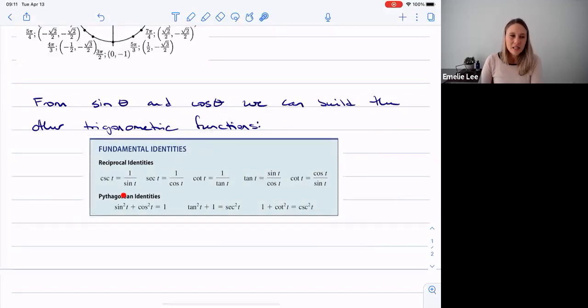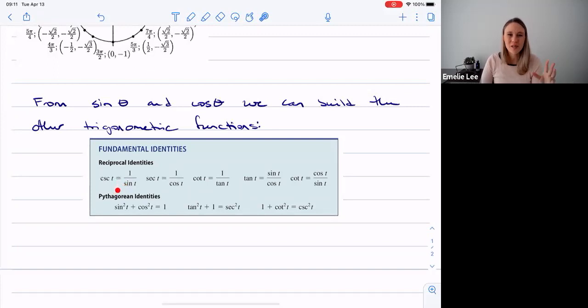We've got t's in here, right, instead of thetas, but that's okay. You can kind of read them interchangeably. T is used to denote the distance around the circle, but we also know that that is the angle. So you can kind of read t or theta, and even when you're doing these problems, you can use t or theta. It doesn't matter to me.